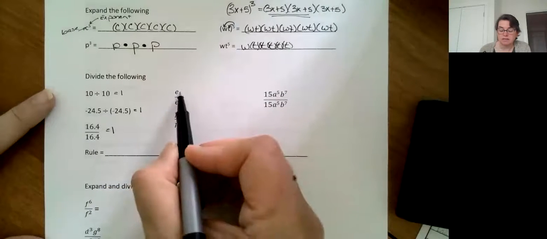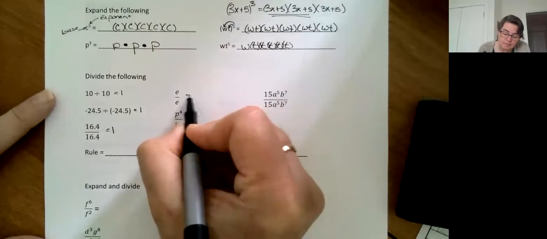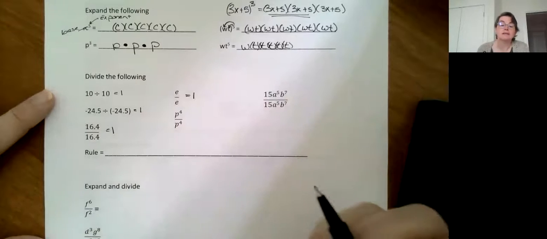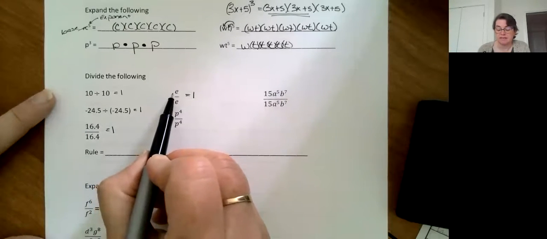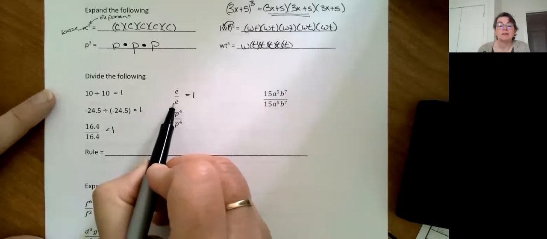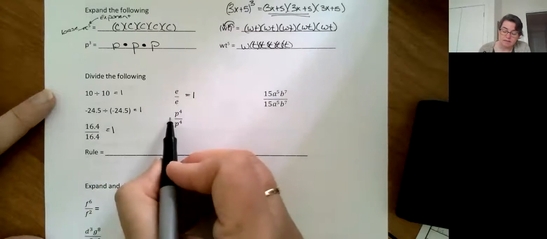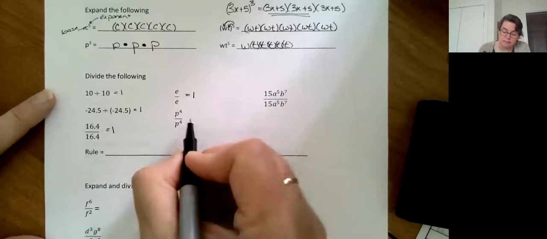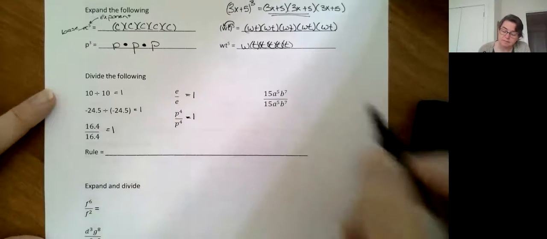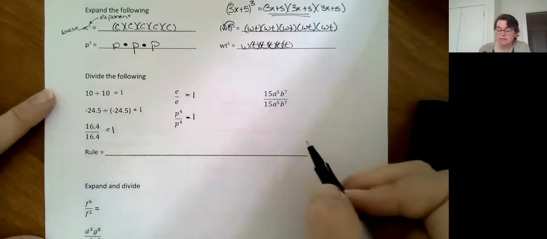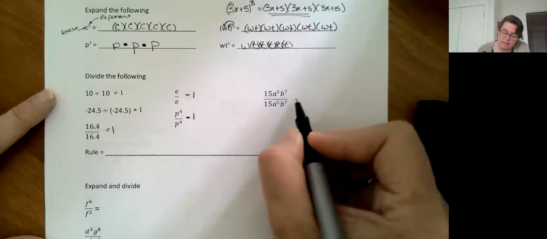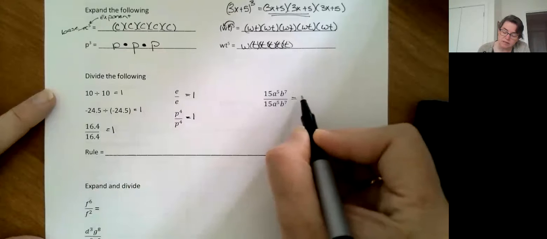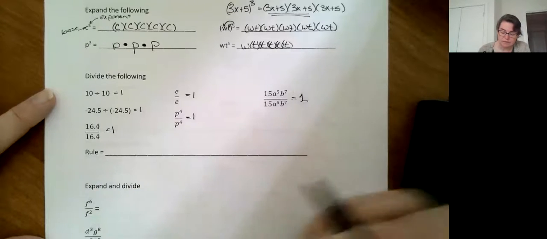So then E divided by E is also 1. Because whatever this variable represents, so say this represented 5 today, that one down there is 5, and it's still 1. Same thing here, p to the 4th divided by p to the 4th is 1. And even when you have something weird, 15, a to the 5th, b, 7, anything divided by itself is 1.